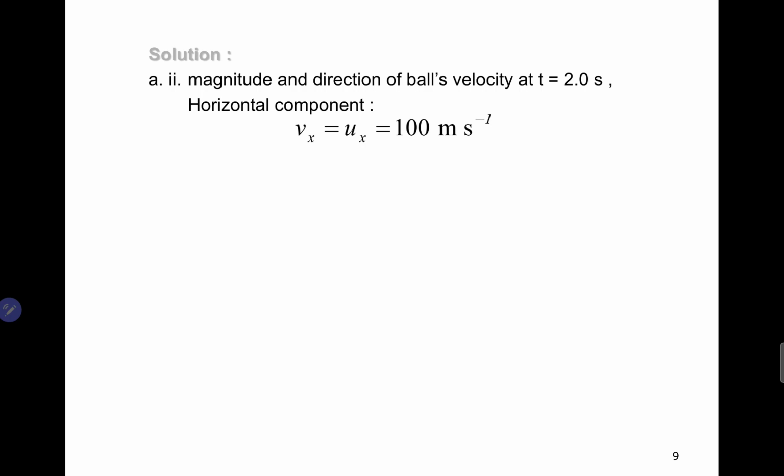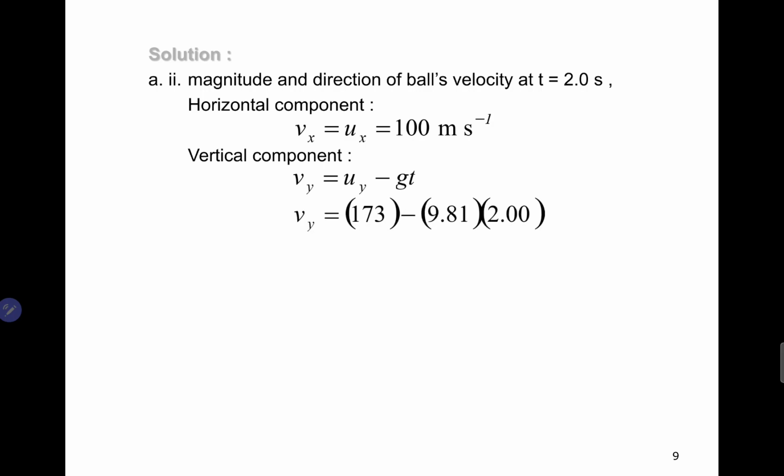Your vx will be equivalent to your ux, which is 100. Whereas for the vertical component, we need to calculate. Time is already given, so just replace in the value of 2, which will end up with 153 meters per second.